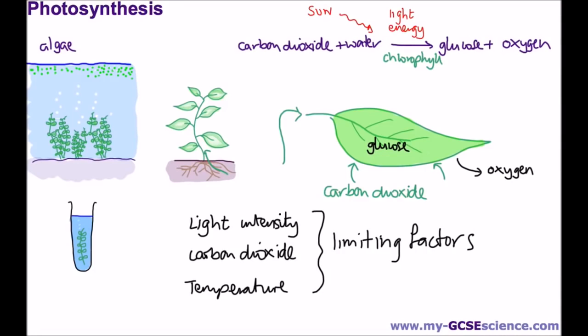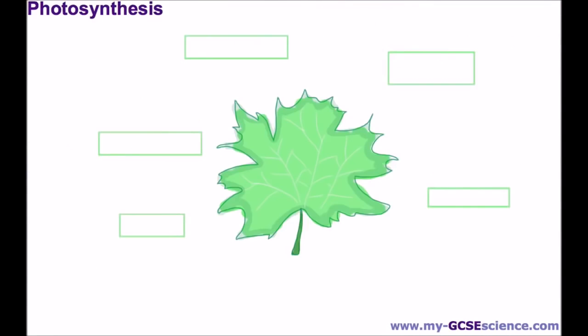The final thing I want to look at is what the use of glucose is in the plant, and this is quite important for you to know and remember. So the first one over here is that glucose that's produced in photosynthesis can be converted into a substance called starch. So glucose is a single molecule. I'm going to draw it accurately.